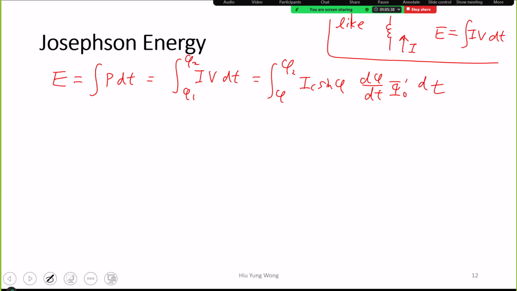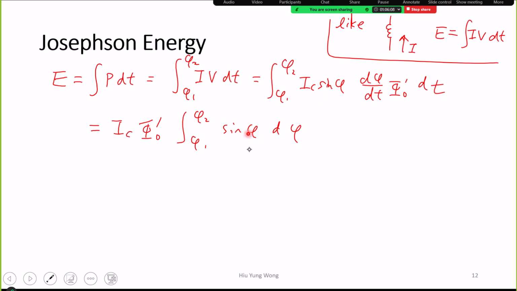Okay, then the dt will get cancelled, right? So it's equal to what? I'm going to take out IC because IC is a constant. And then I'm going to take out the reduced flux quantum because it's a constant. And then the whole thing will be integrated from phi 1 to phi 2. And I have sine phi d phi, because this dt got cancelled.